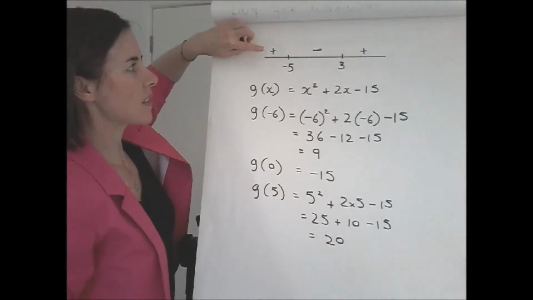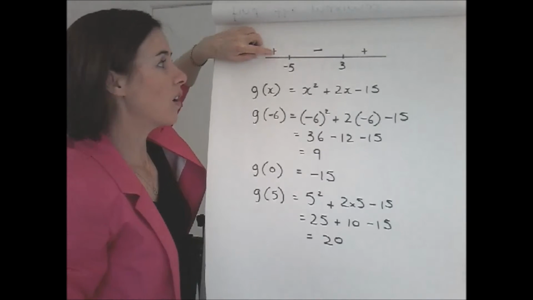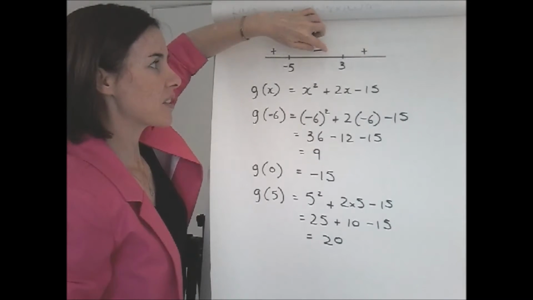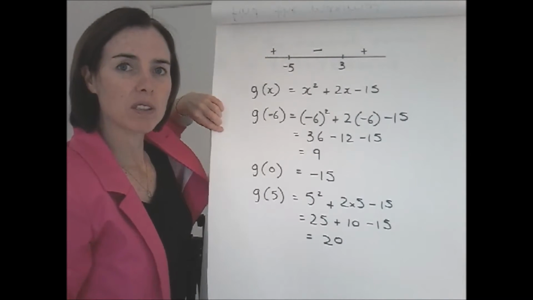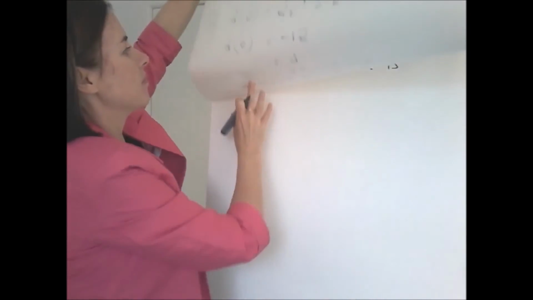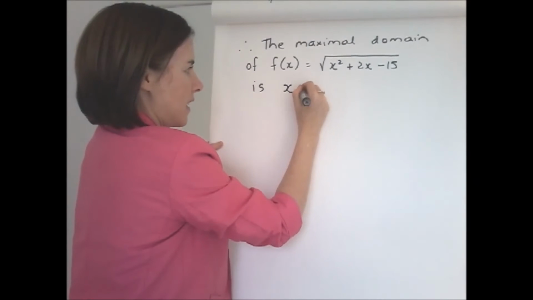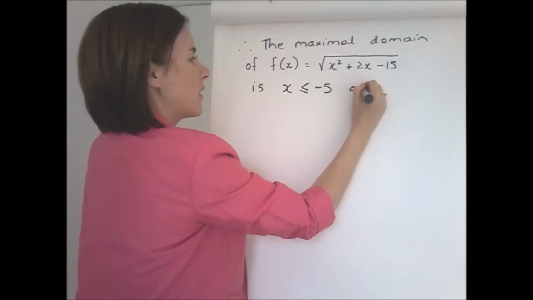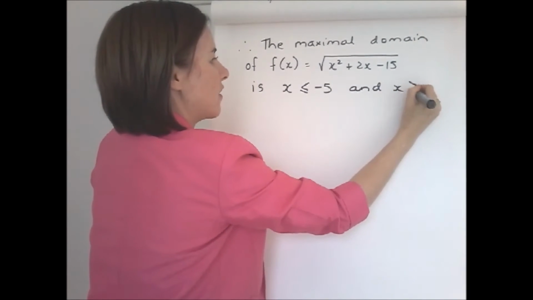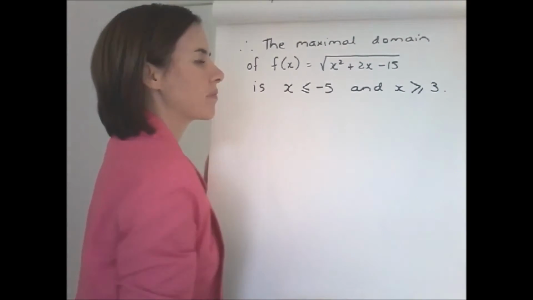It's the values less than negative 5 or equal to, and the values greater than 3 or equal to 3. So, x is less than or equal to negative 5, and x is greater than or equal to 3.